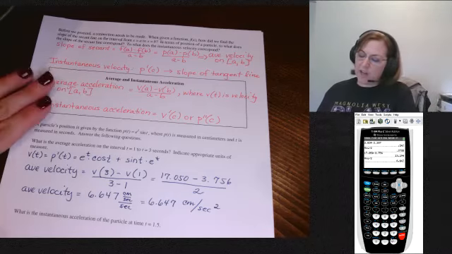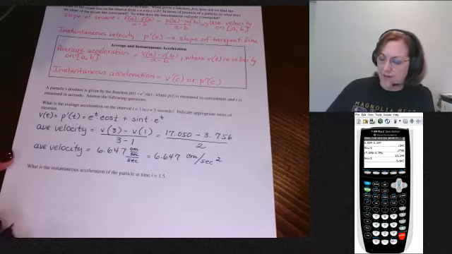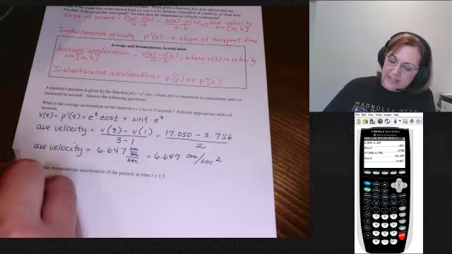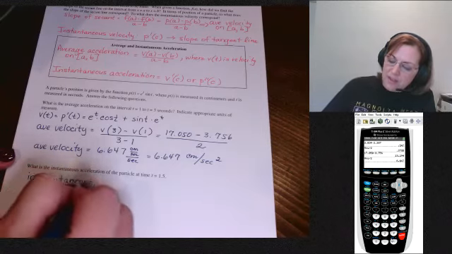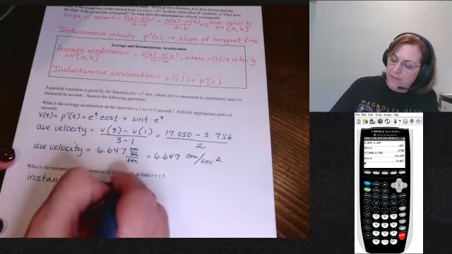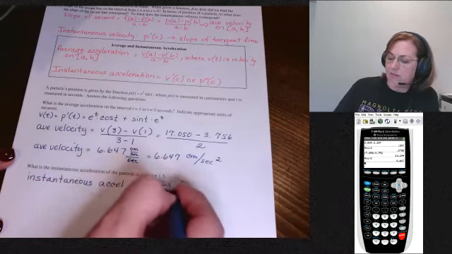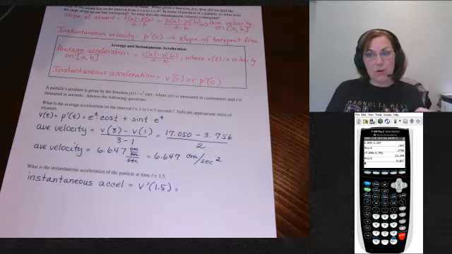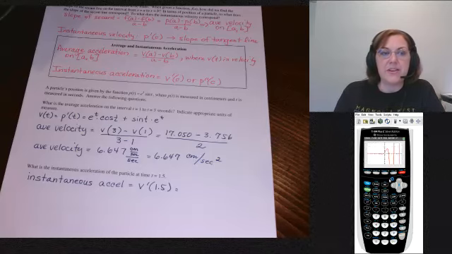All right, keep pressing on. So what is the instantaneous acceleration at 1.5? So instantaneous acceleration, you'll remember, is the derivative of the velocity. Remember, I have the graph of the velocity currently graphed in my calculator. There it is.